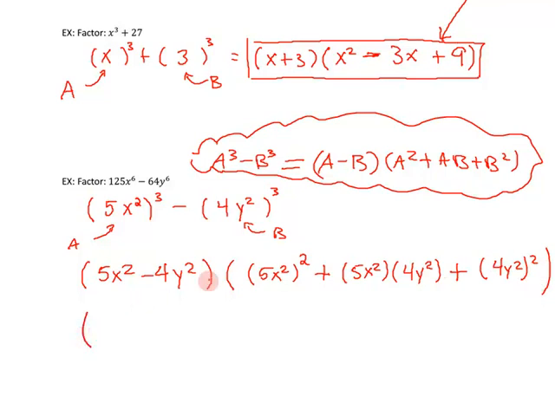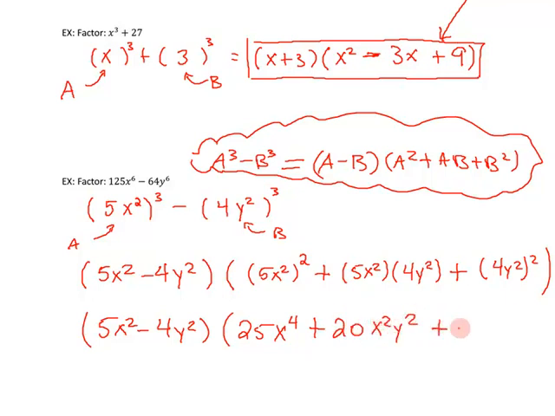I just did this in two steps to make it a little bit easier to see where my numbers come from in the trinomial here. If I take 5x squared and squared, that's 5 squared, which is 25, and x squared squared, which is x to the 4th, plus 5 times 4 is 20, x squared, y squared, plus 4 squared is 16, y squared squared is y to the 4th.